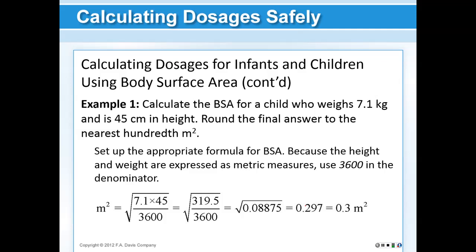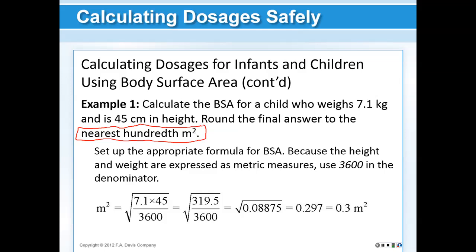We have 7.1 kilograms and the child is 45 centimeters in height. Our instructions are to round the final answer to the nearest 100th meter squared. Now, a lot of students struggled with this part of the Chapter 11 quiz. We went through it in the Chapter 11 integrity, but I think it was still confusing to students.